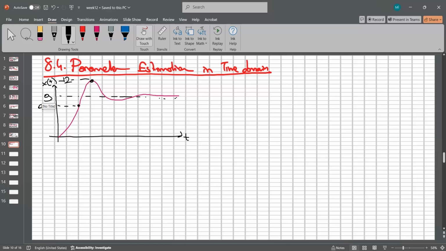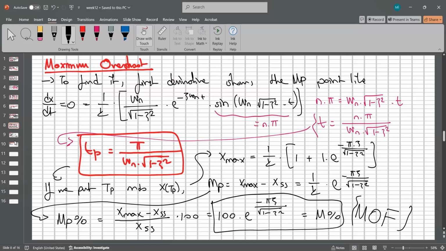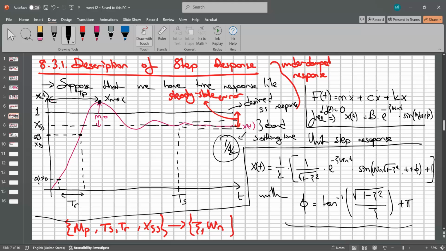What is the value of the 10% of this value? 0.1 XSS. No, 0.9. You see this graph in here. No, this is the 0.9 XSS. Okay, and so 0.9 times 9 is equal to 8.1. But 0.1 XSS, 0.1 times 9.